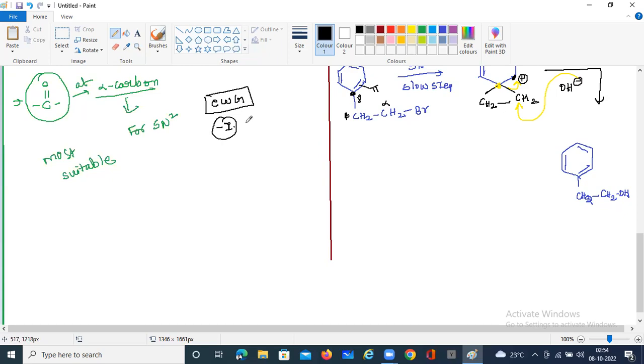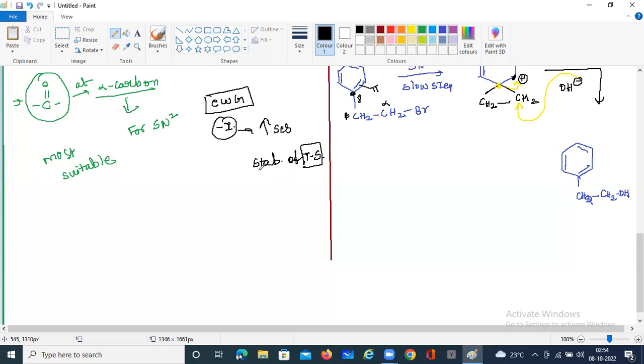So an electron withdrawing group always increases the stability of the transition state. We know how the transition state forms. The presence of these minus I groups increases the stability of the transition state. Around that carbon, as we discussed earlier, there is steric hindrance, and different groups can also be present there.